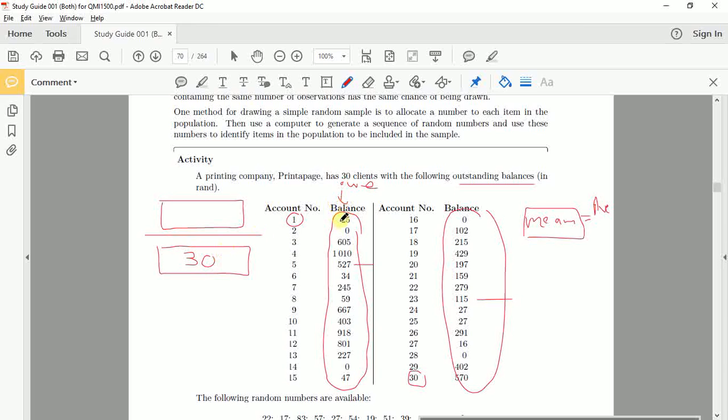If I sum up all of this, 25 plus 0 plus 605 plus, if I add up all of that stuff on that calculator, can you add it up quickly? I'll show you how to do it on this calculator. You should get 8397.